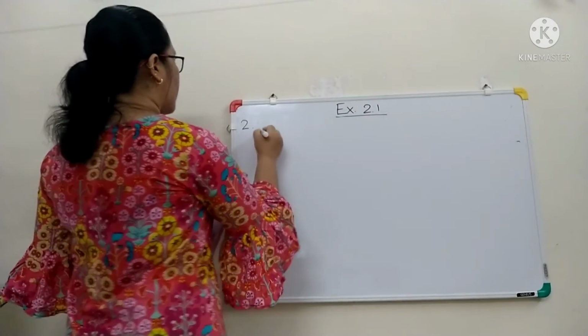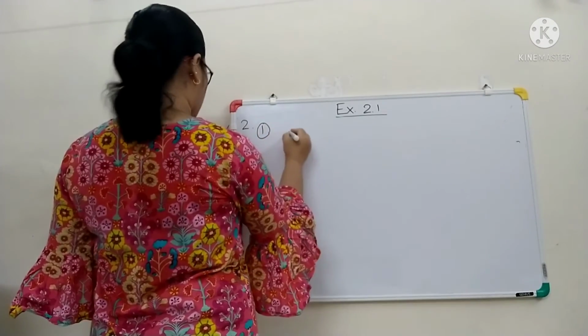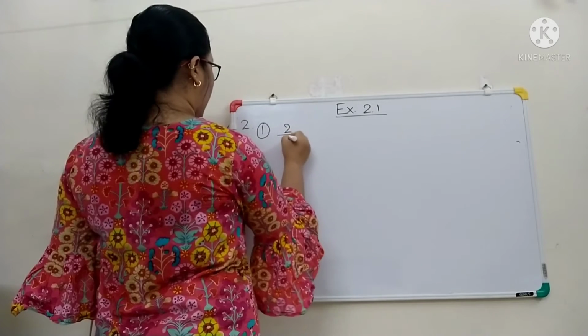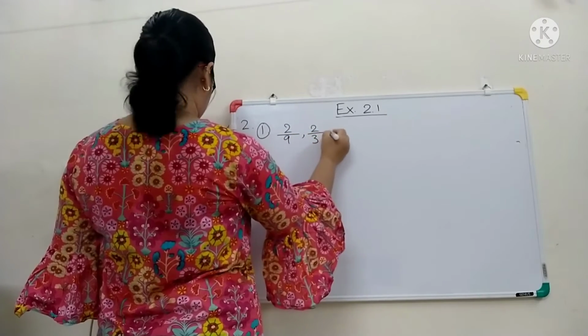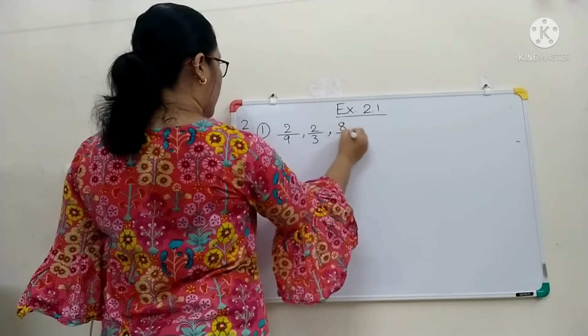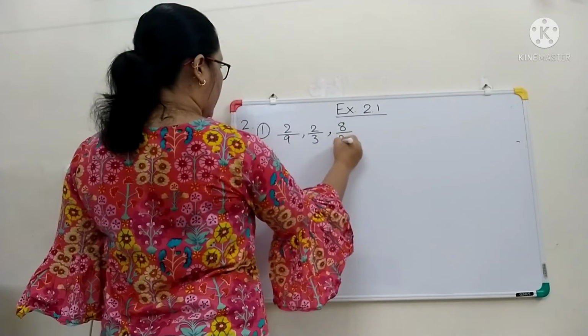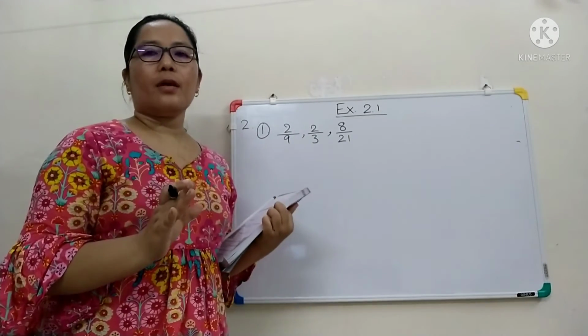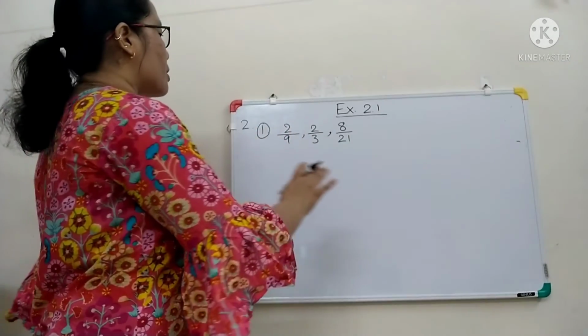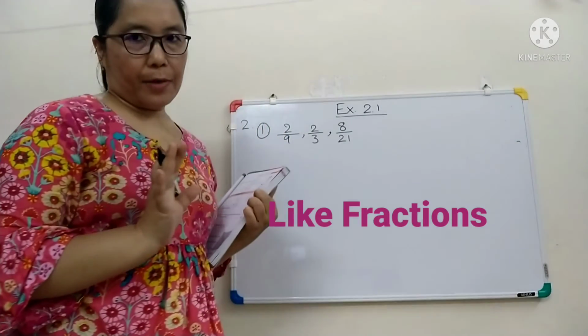So what we have to do, first take the first one, 2 upon 9, 2 upon 3, and 8 upon 20. So first of all, our first step is to convert these fractions into like fractions.